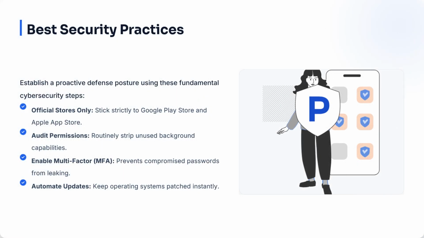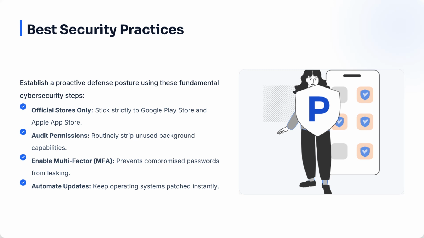This all sounds quite alarming, but here's the good news. You have the power to protect yourself. By establishing a proactive defense posture, you can keep your device safe. Here are the 4 rules you must follow. First, strictly download from official stores like the Google Play Store and Apple App Store. Avoid third-party APK sites entirely. Second, audit your app permissions regularly.